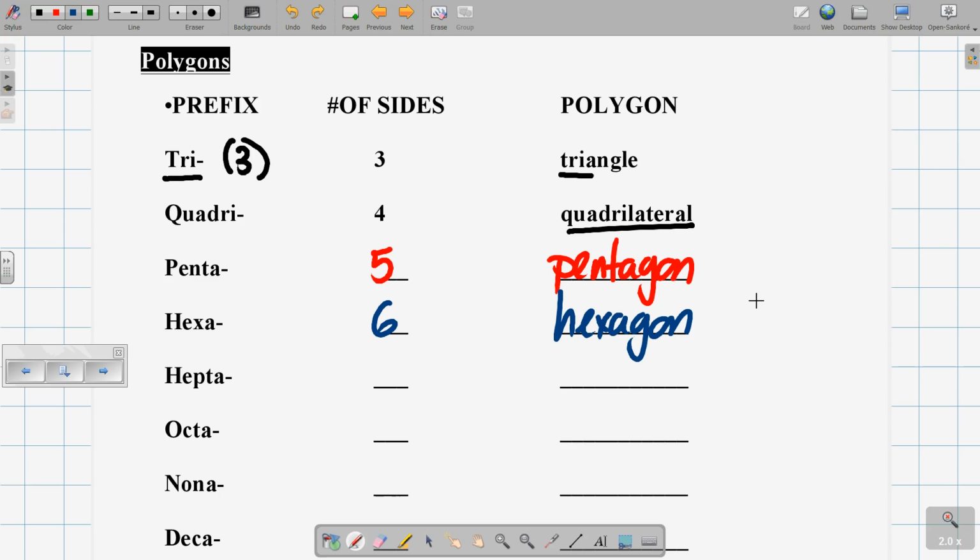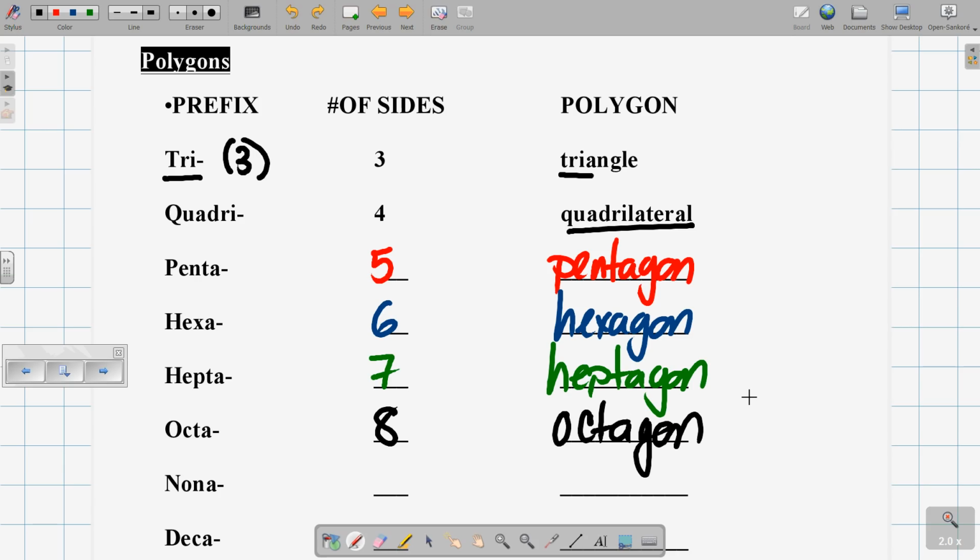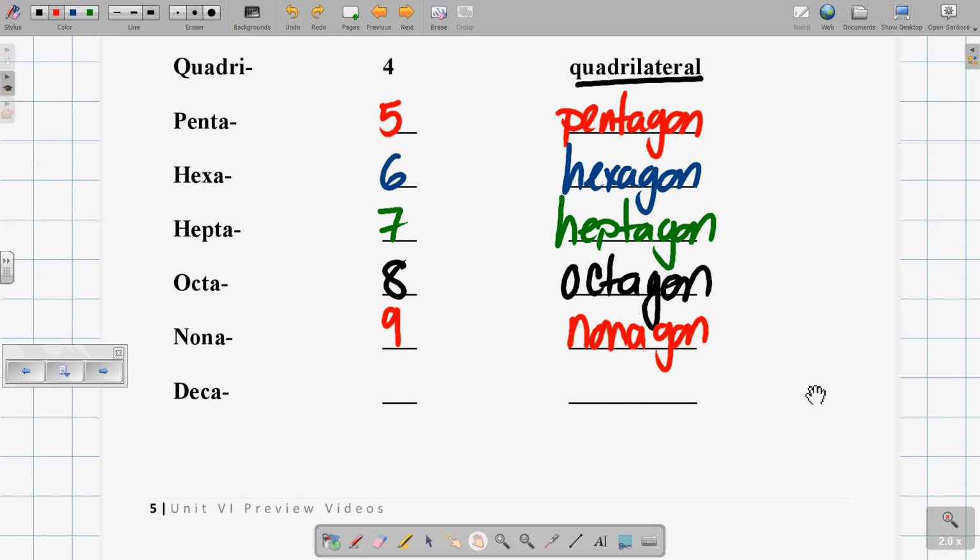Hexa, 6, hexagon. Hepta, 7, heptagon. Octa, 8, octagon. Nona, 9, nonagon.